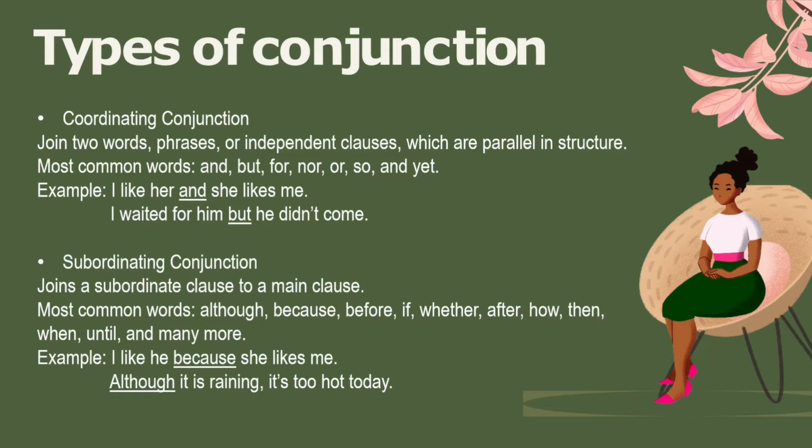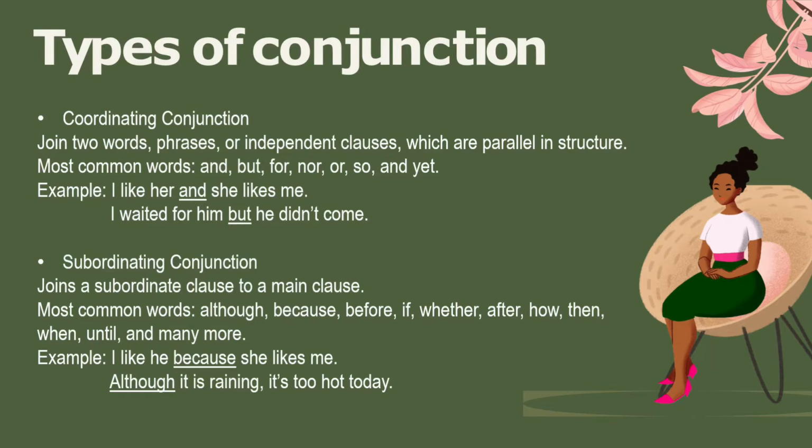It joins the following, such as word plus word, phrase plus phrase, also clause plus clause. For example, in the sentence, I like her and she likes me. The function of the word and here is to join two clauses. And the other example is, I waited for him but he didn't come.